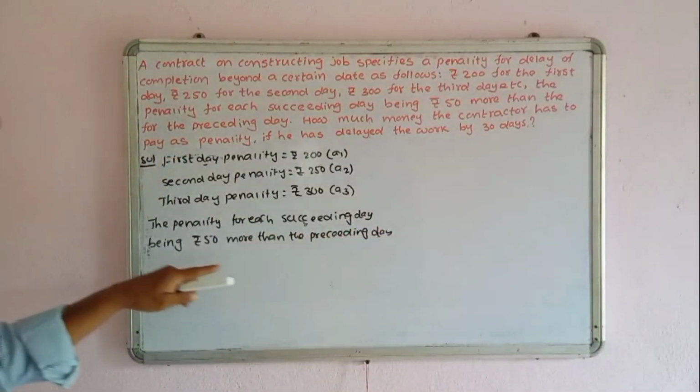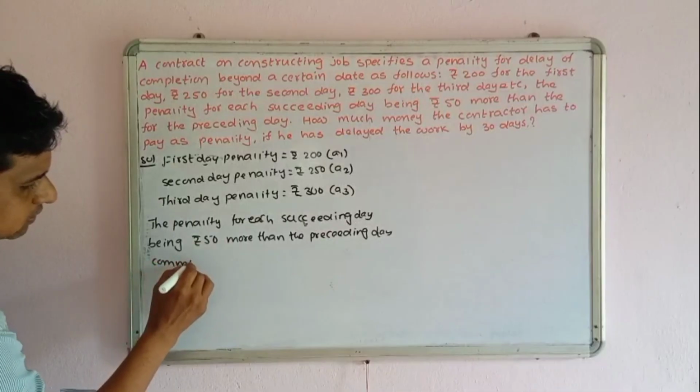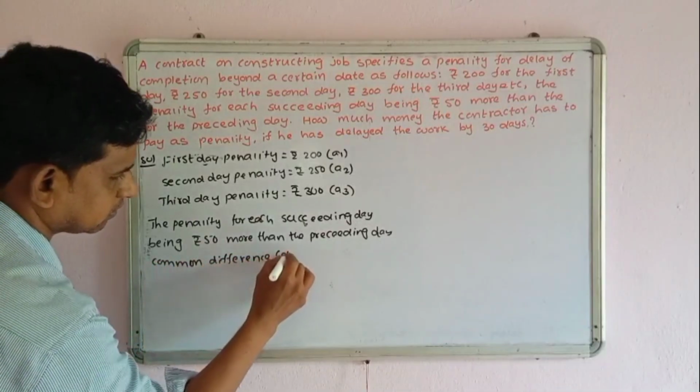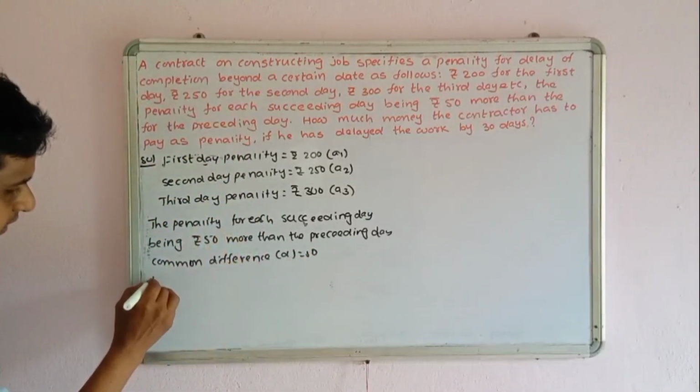So that means this is the common difference. So common difference equals 50. So this is the AP. So the above information is in AP.